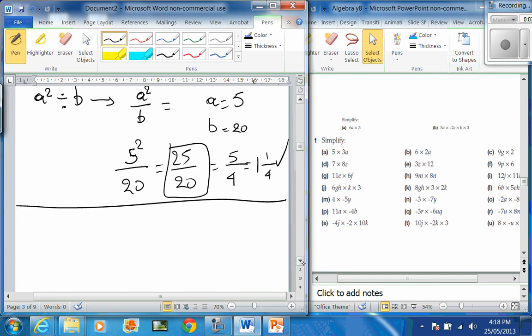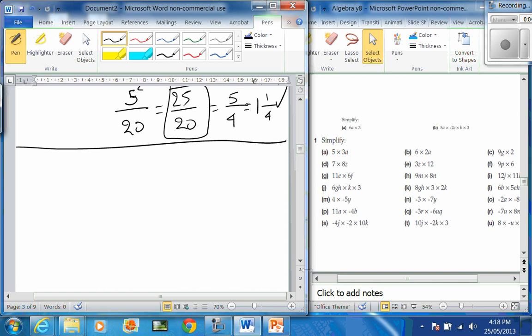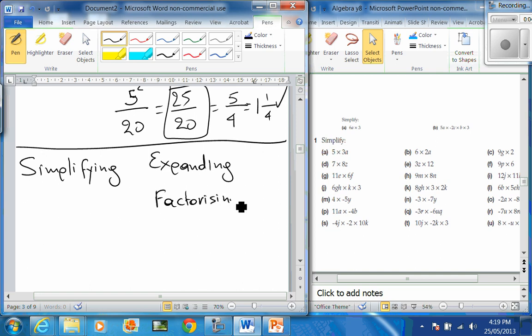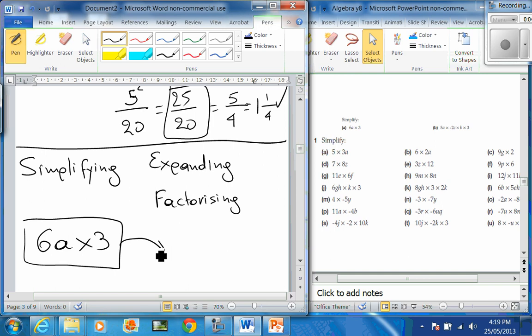Now, we are going to the next lessons, which are talking about simplifying and expanding or factorizing, which means that I'm taking my algebraic form, something like 6a times 3, and I have to write it in its simple form, which means I'm going from an expanded, open form to a more constricted form.